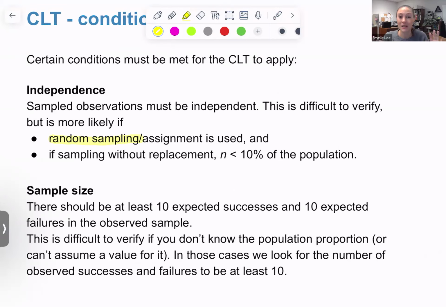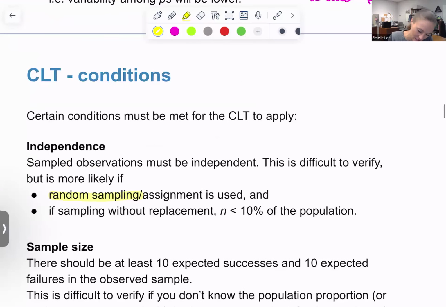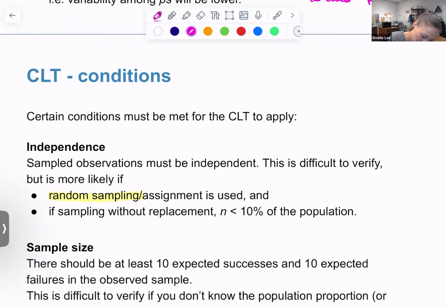What's on the flip side? If it doesn't say that the sample was randomly sampled, what would you have to say? You would have to say, I assume the sample was randomly sampled. Okay, and so sometimes I call these conditions, and sometimes I call these assumptions. Sometimes it's stated and sometimes it's not.